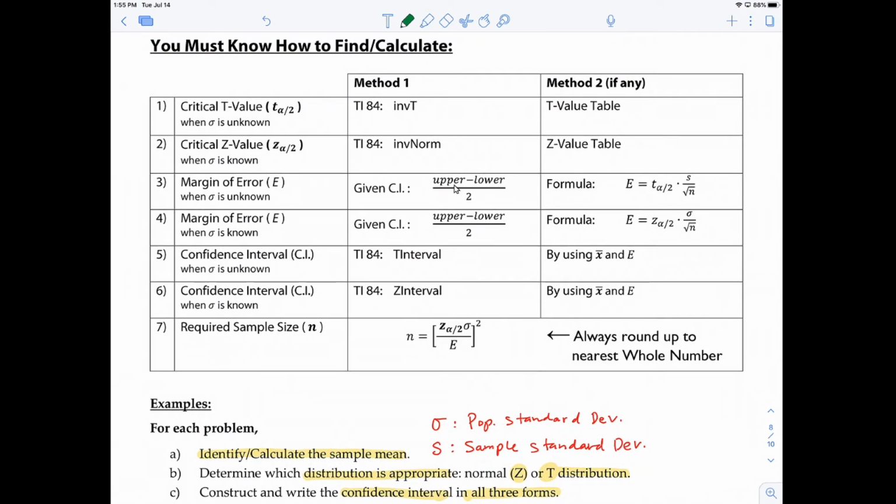Oh, there's a typo here actually. Actually, there's not. I apologize. These are correct. The two minus signs here, because both of these are margin of error, depend on whether it's a t distribution or z distribution. This is a t distribution because sigma is unknown. This is a z distribution. Okay, so we're going to use this formula: upper minus lower divided by 2.